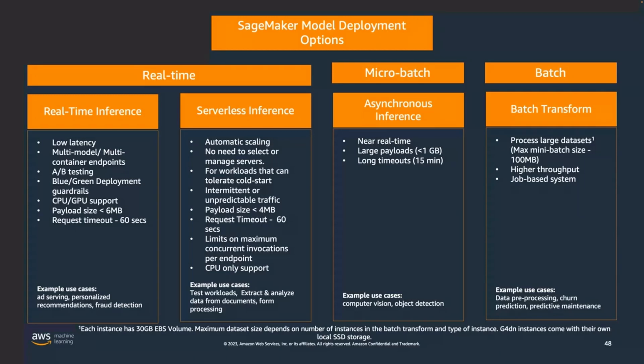You need for your payload size to be less than 6 megabytes. If your payload size is greater than 6 megabytes, then typically your inference will take longer than 1 minute to produce the results, at which point you should use asynchronous inference.